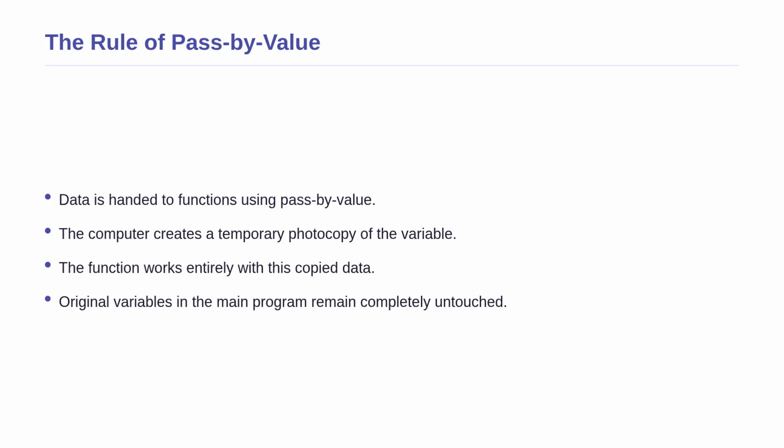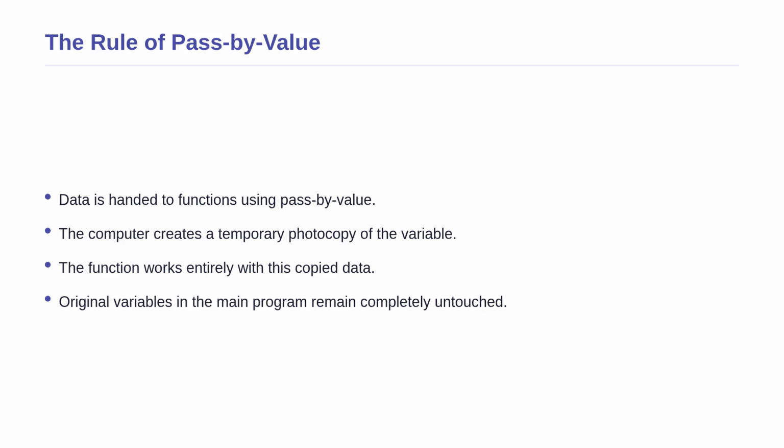Understanding this mathematical model leads us to one of the most critical rules in C programming: how data is actually handed over to a function. This concept is known as pass by value. When you pass a variable into a function, the computer does not give the function the actual original variable. Instead, it makes a temporary photocopy of the variable's value and hands that photocopy to the function.